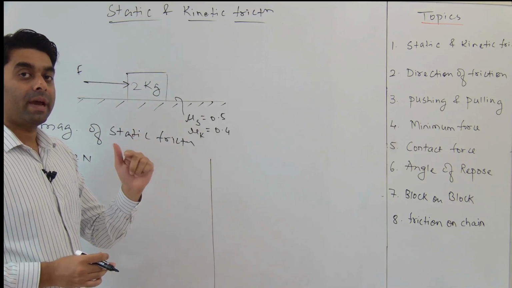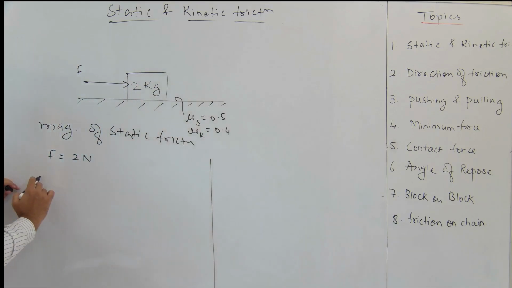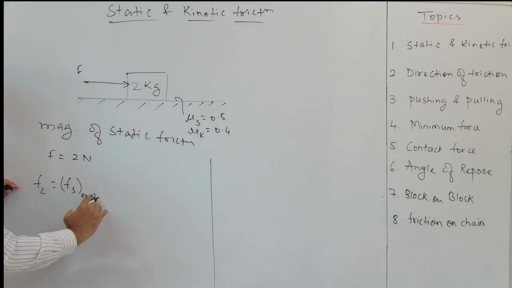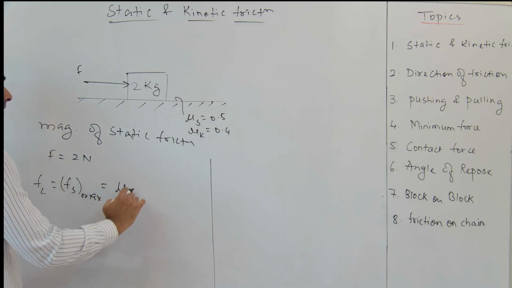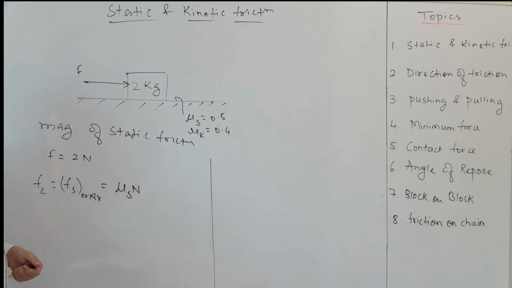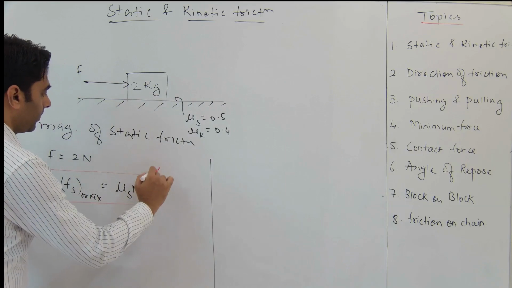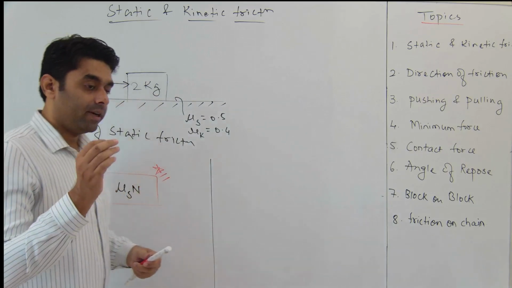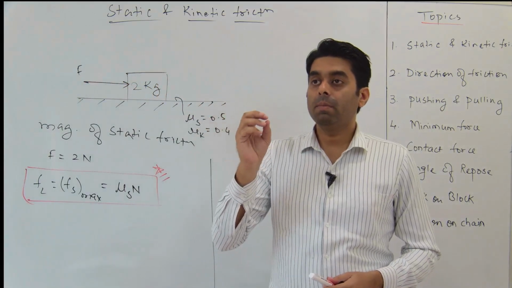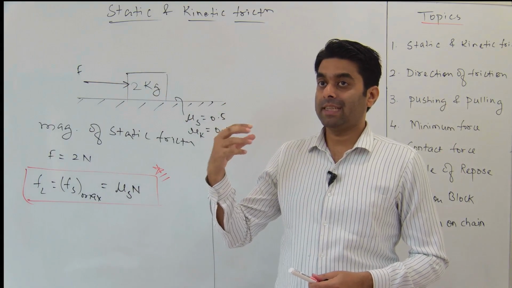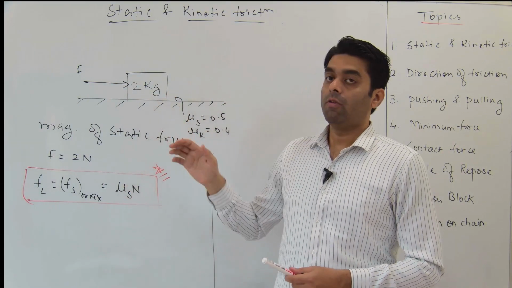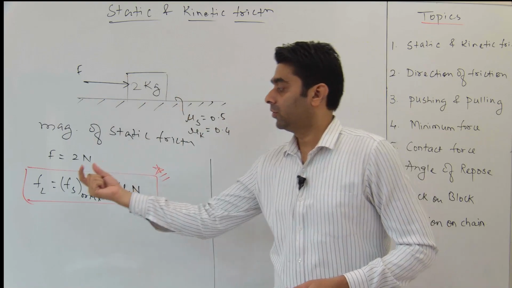Limiting friction is the maximum value of static friction, and it is given as mu s into N. It is also equal to the minimum external force which should be applied for the body to move.